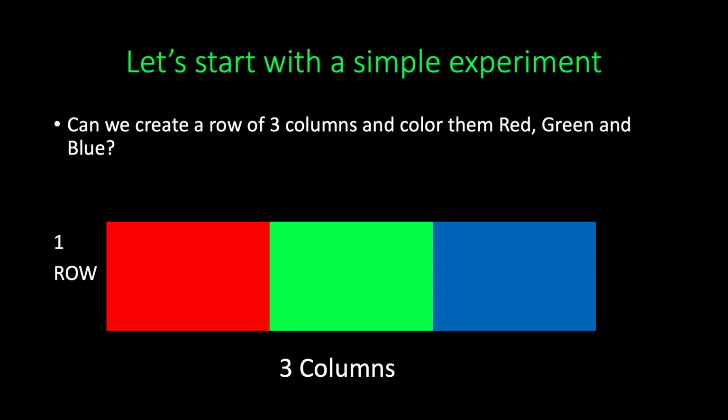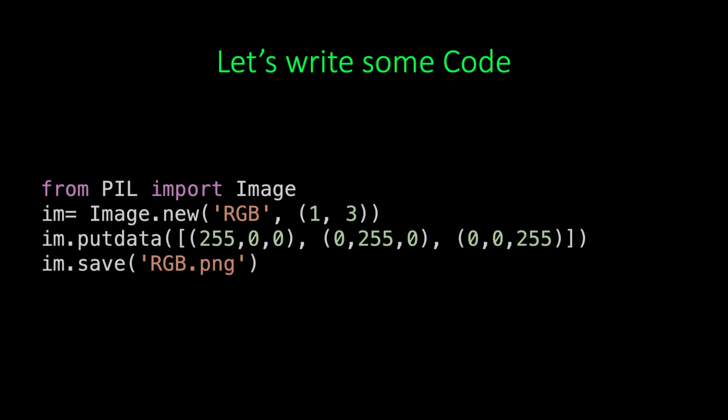There are a couple of ways to do it. One is we can write an array in NumPy, or we can use the Pillow library, which is a simpler library. So why don't we use Pillow, and we'll come back to writing an array in NumPy later. What we are doing here is importing Pillow, which is a library, and importing the Image function. We are creating a new image. It's an RGB image, and it has one column and three rows, right?